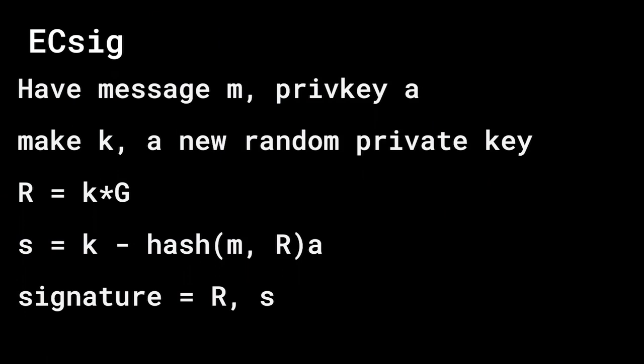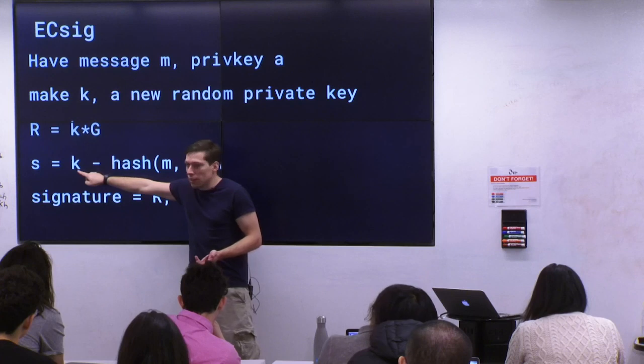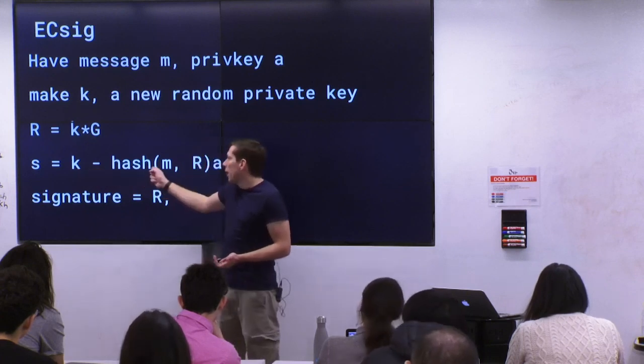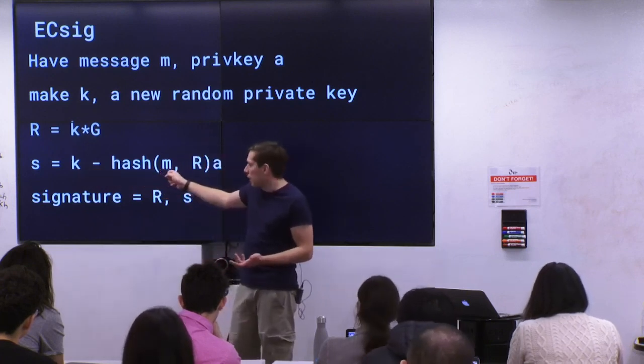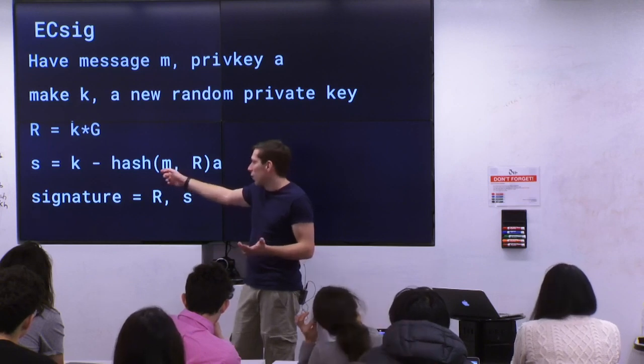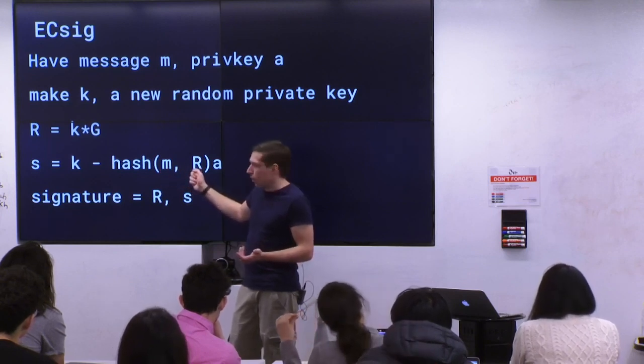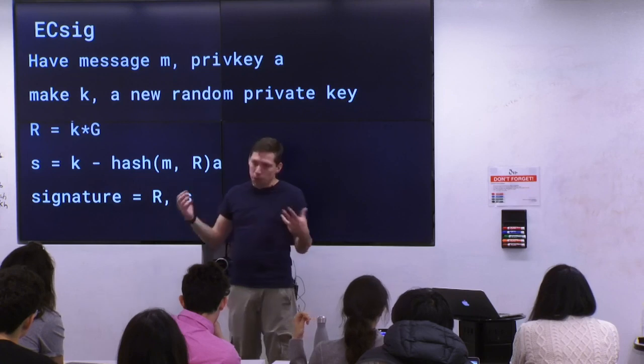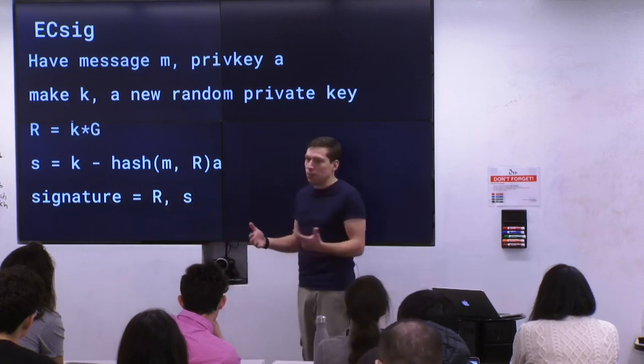This is a bit to process, but it's not too bad. K is a 32-byte scalar that you made up. The message is however long. R is 33 bytes. You concatenate them, hash, and end up with another 32-byte scalar.